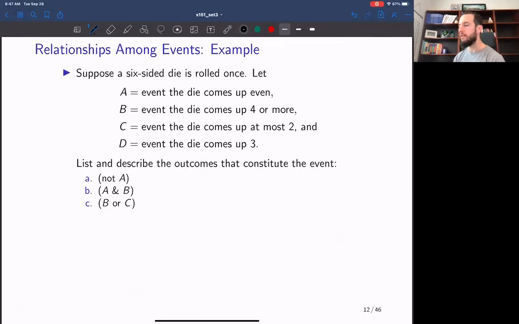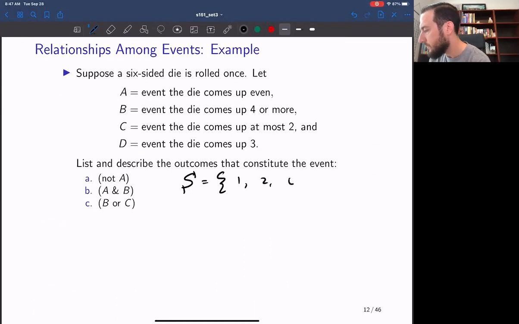Okay, so let's suppose a 6-sided die is rolled one time, and we have 4 different events within the space. First, let's just really quickly list the sample space for this event so that we have it. S for a single 6-sided die is just going to be the possible outcomes on that die.